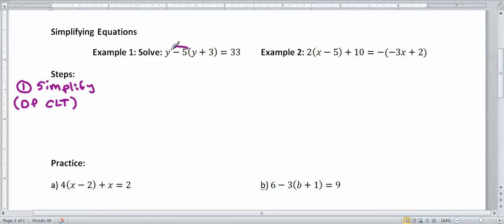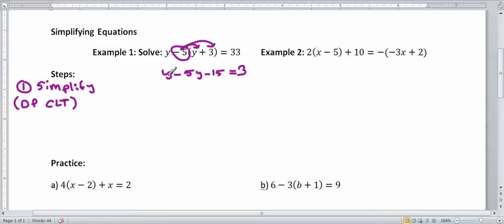I have a negative 5 outside of this parentheses, so I'm going to distribute to get rid of that. So we end up with y minus 5y, and then negative 5 times positive 3 is negative 15. And that's equal to 33.